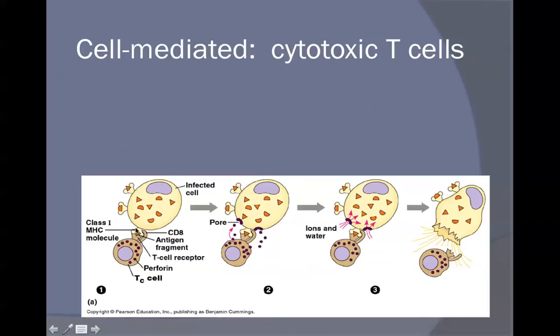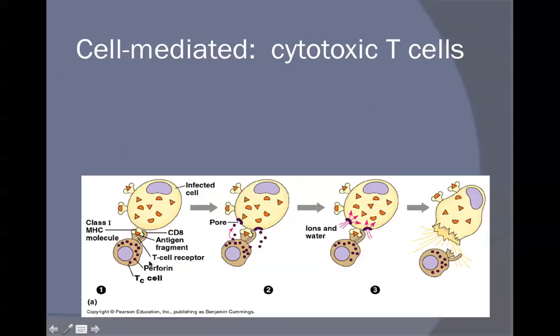The MHC1 molecule of my regular body cell interacts with the MHC1 molecule of my killer T cell, and if the antigen inside this infected cell is presented to my cytotoxic T cell and activates it, the cytotoxic T cell releases a chemical called perforin, which punches holes into the cell membrane of the infected cell, causing it to lyse and preventing it from building any more viruses that could potentially infect other cells.